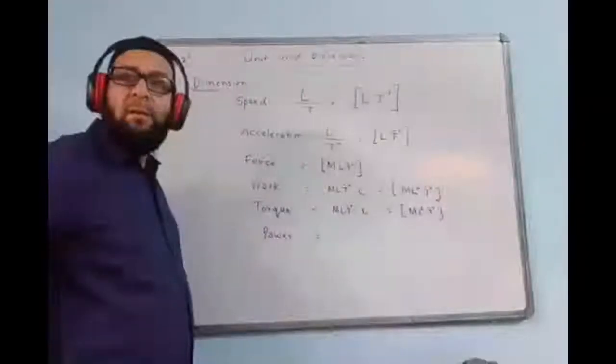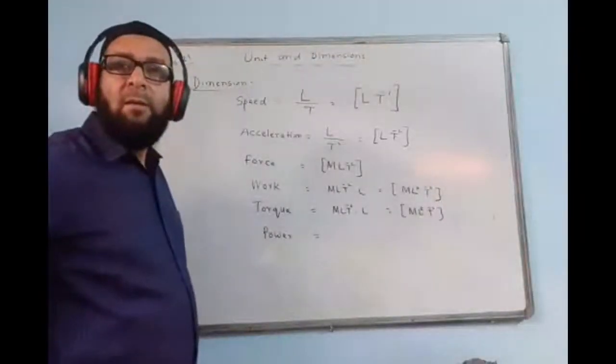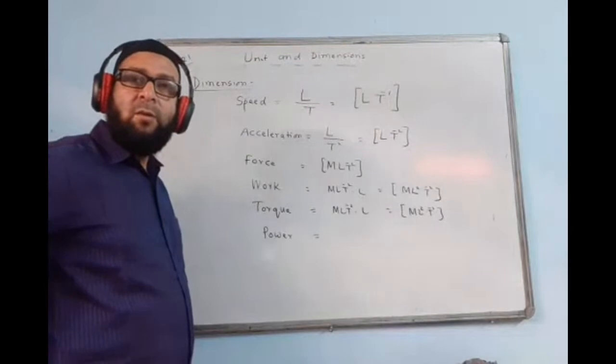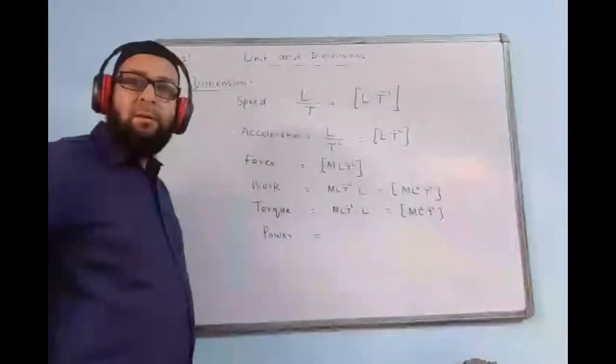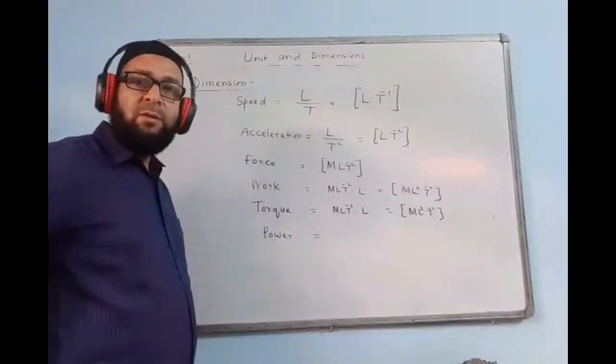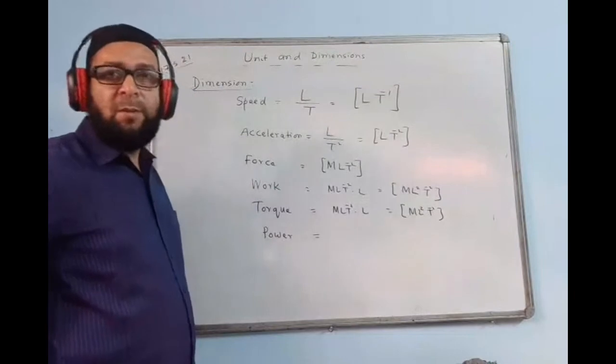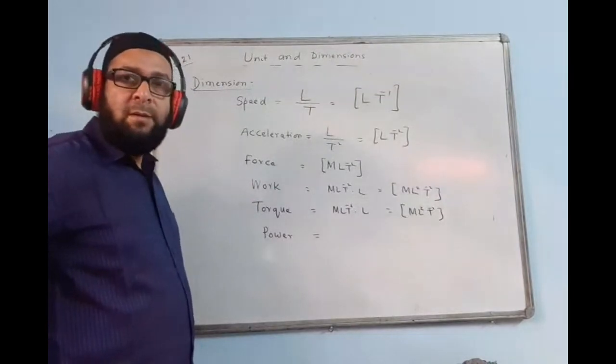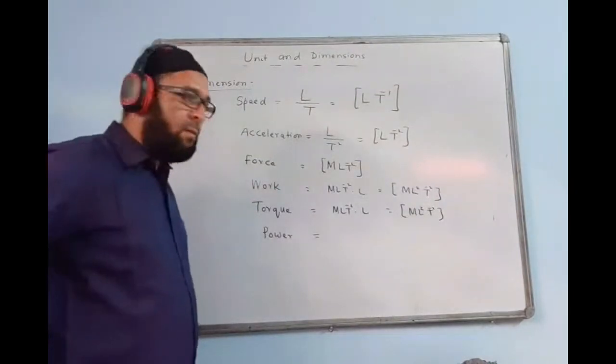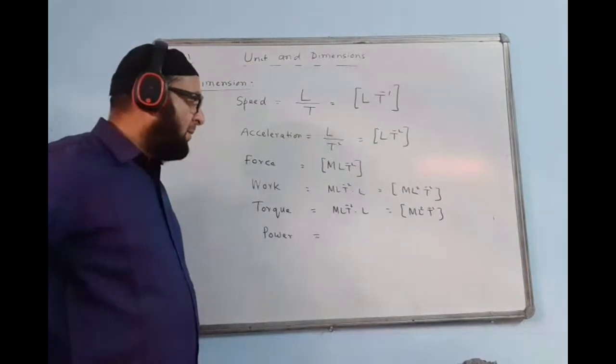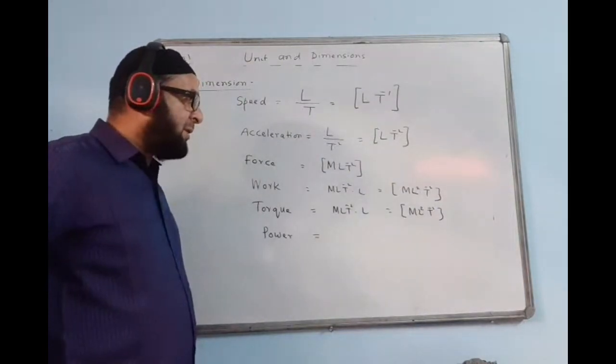Any one of you? Yes, Karma. Give the dimension of power. That is fluctuating, the network. What is the dimension of power? ML2 T minus 1 or T minus 3?